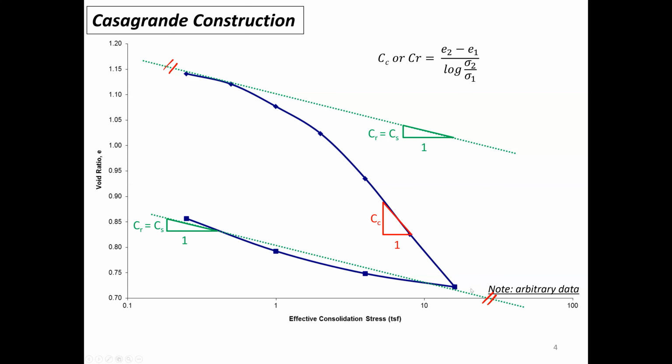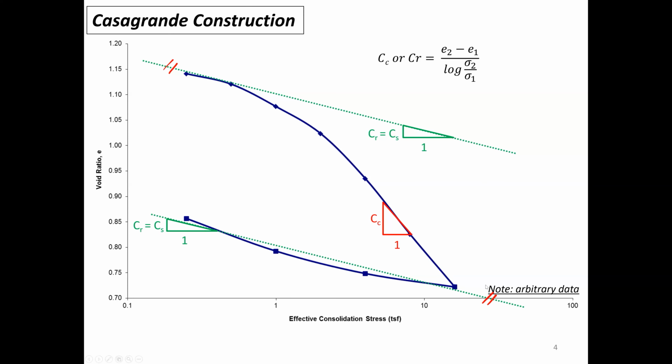And in that case, that's why the lower portion is more reliable in calculating C sub R. So whenever possible, if the rebound data is available, first of all, if you can order it, if you can do it in the lab, it's highly recommended to do that.